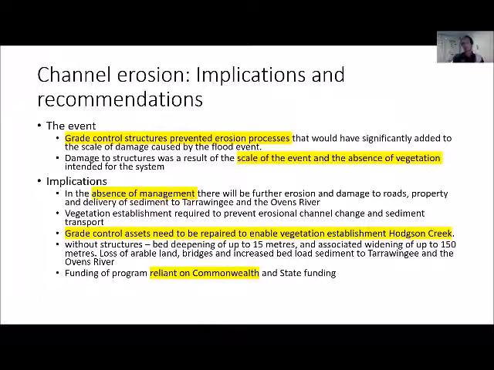So we've spent significant time, we put through a claim. I was only out on the Hodgson's Creek about 4 weeks ago with the assessors for some on-site visits to actually explain and demonstrate to them the relationship between appropriate grade control structures, the system we're dealing with, the history, and the appropriate complementary measures which are integral to a successful grade control structure: vegetation, woody weed removal, and grazing control.